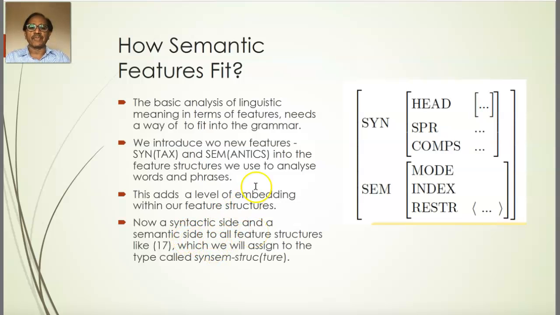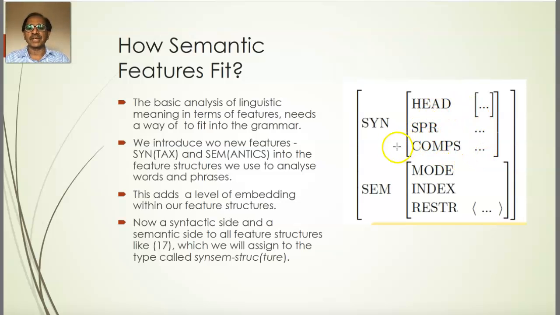Okay, so how is it represented? Look at the picture here. Remember, we had earlier analyzed our words into feature structures which had three different features: head, specifier and comps. Head will have the head value, specifiers will have the values which the word requires, and comps will specify the complements which a word requires.